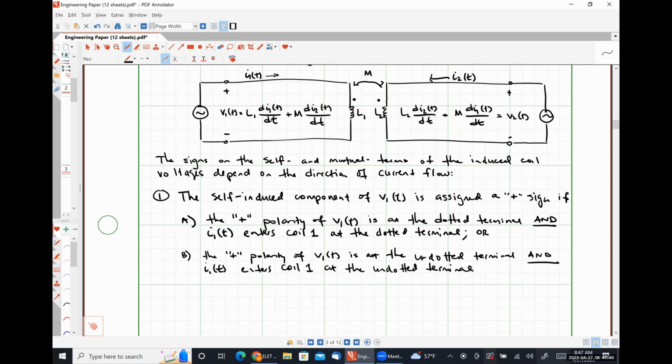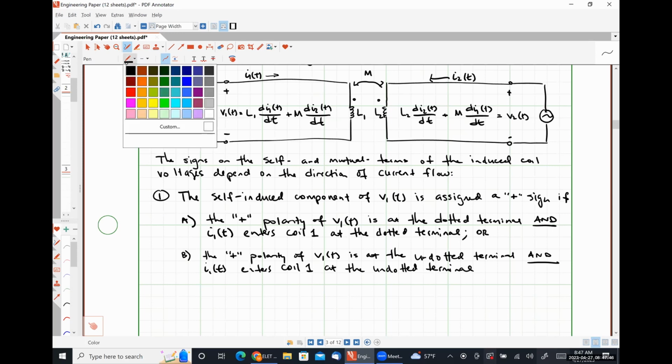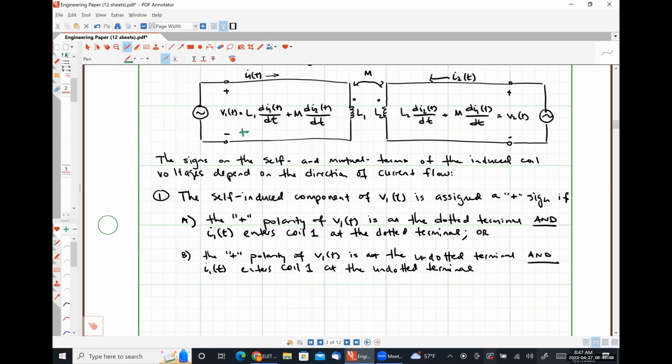So it's literally the exact opposite of what we have here. So if the positive polarity terminal were down here and the current were flowing in this direction, that first term would have a positive sign as well. So it's either or, all right?